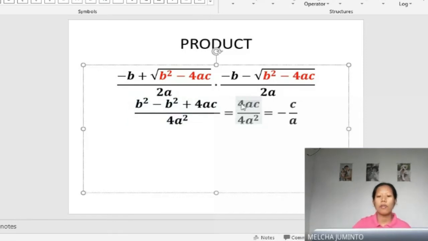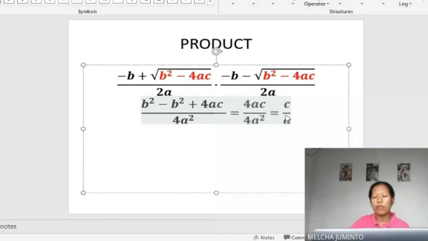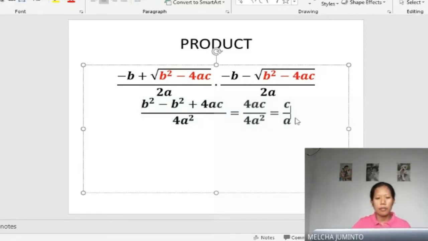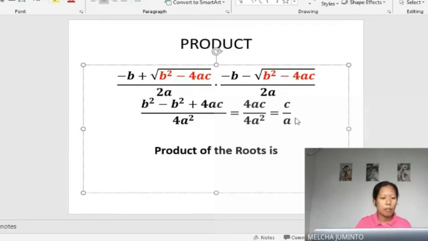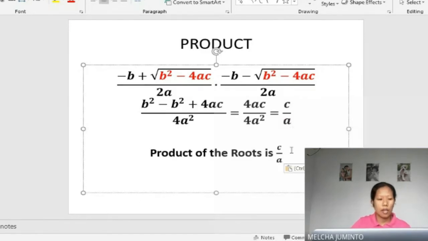So positive 4ac, and the result is c over a. 4 over 4 is 1, a over a squared is a. So c over a. Therefore, the product of the roots can be obtained using the formula c over a.